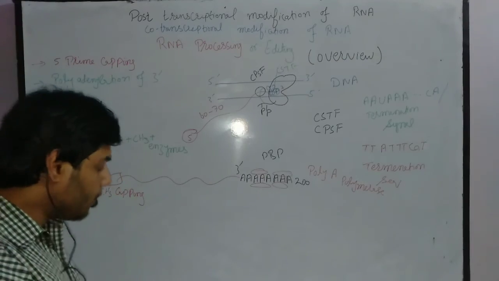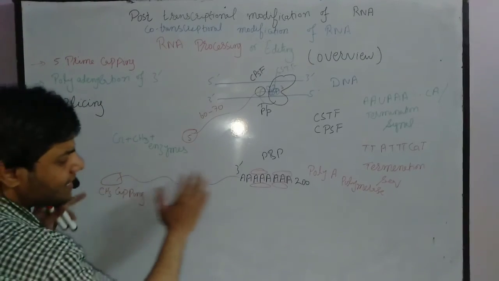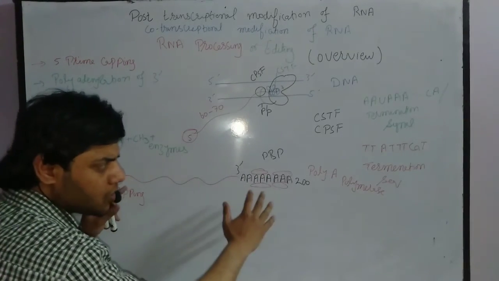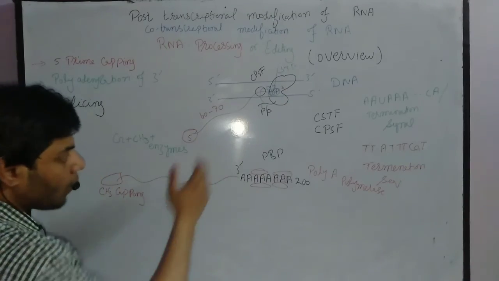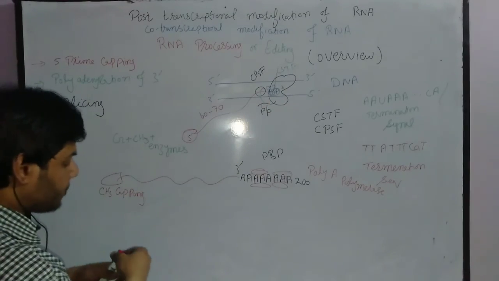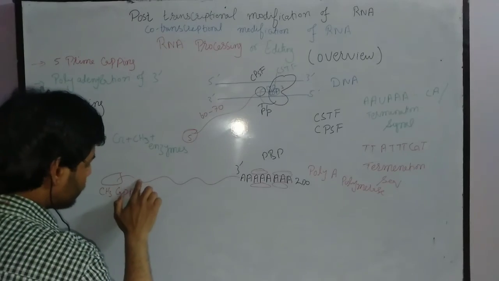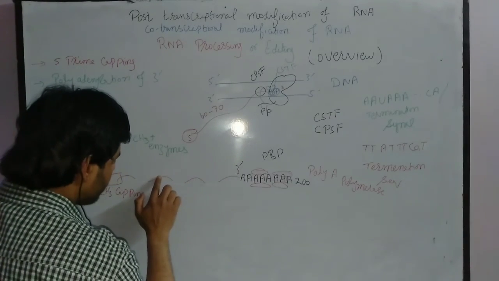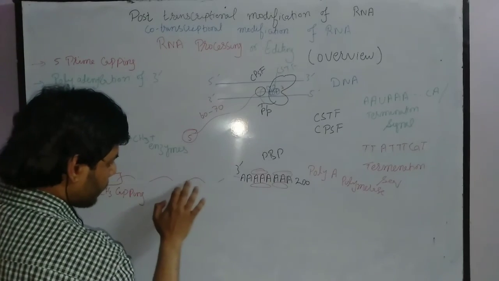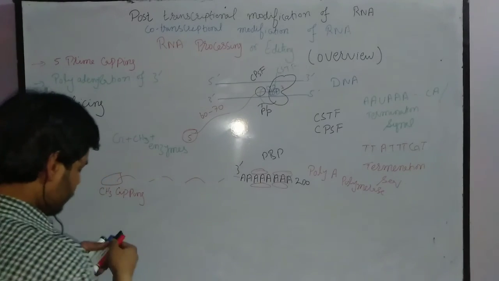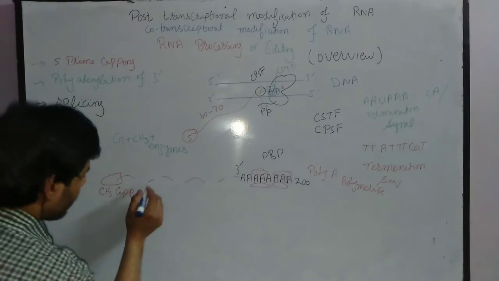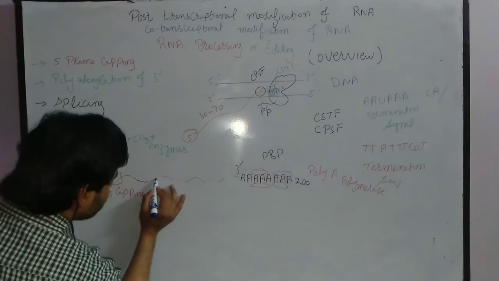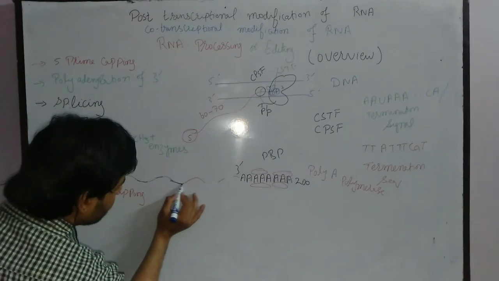Next, what actually happens? This is actually not the mature RNA. Inside this RNA, which is synthesized after the DNA transcription, what do we have? We have specific kinds of regions. So let me draw here. Let's suppose this blue region, as you can see.